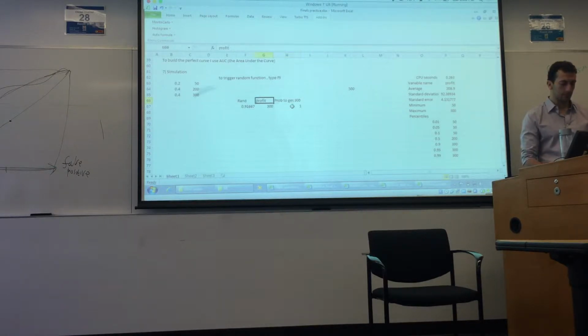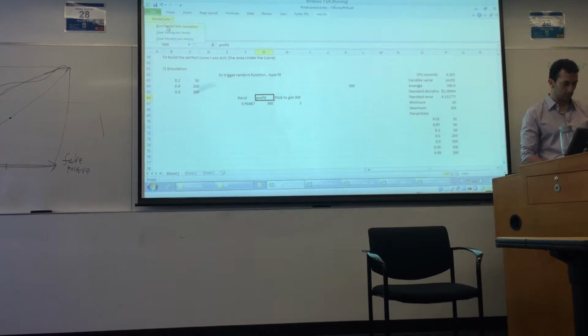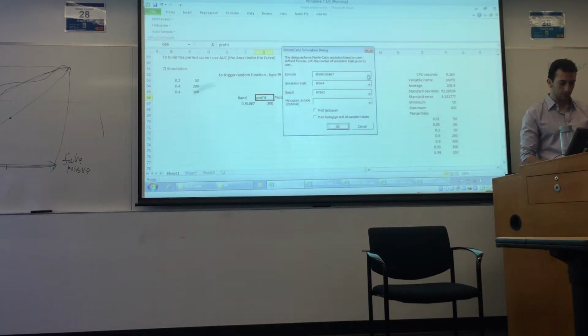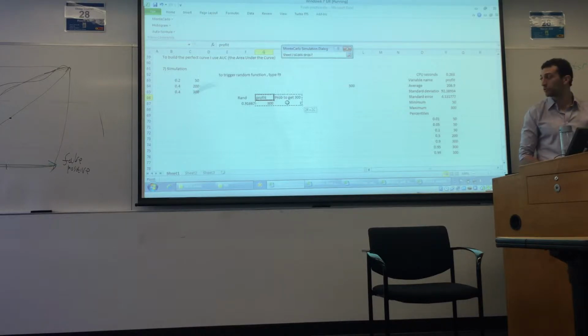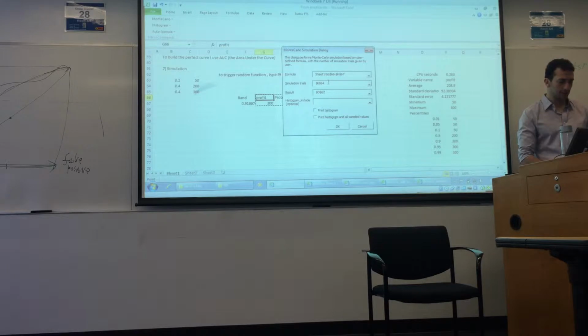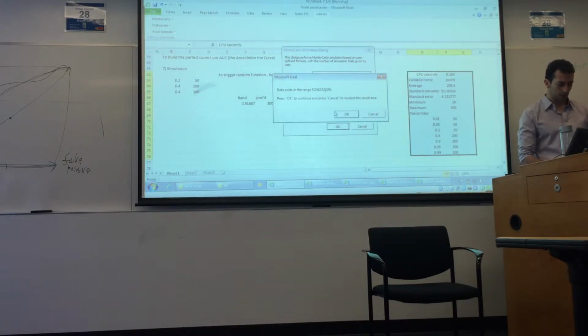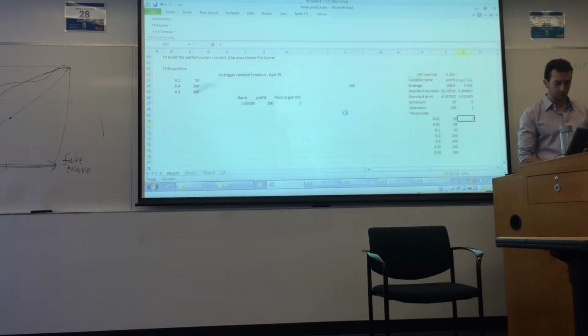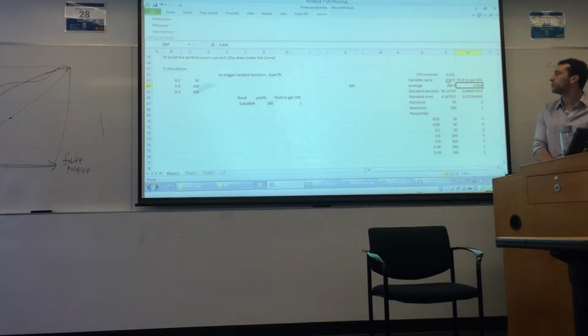And then I can run the Monte Carlo simulation again. This time I will choose 2 variables. The simulation trials is the same, and the result is the same. Data exists, that's okay. And now I can see that the average, I'm looking now at this variable, and I can see that the average is 404.